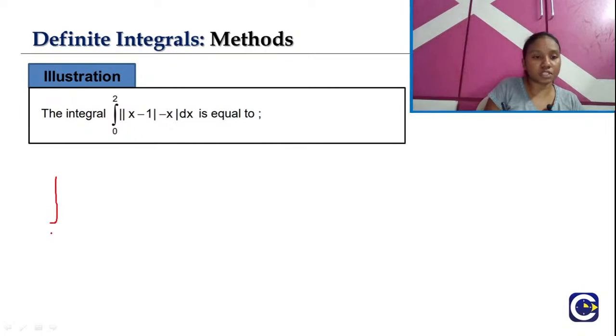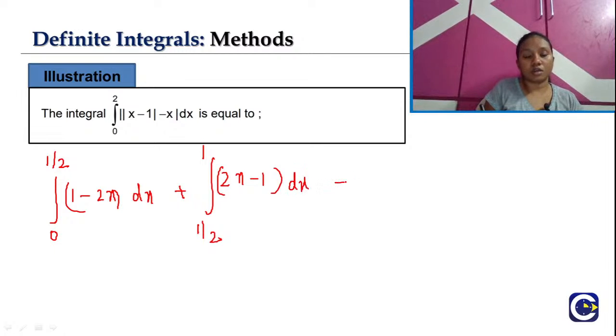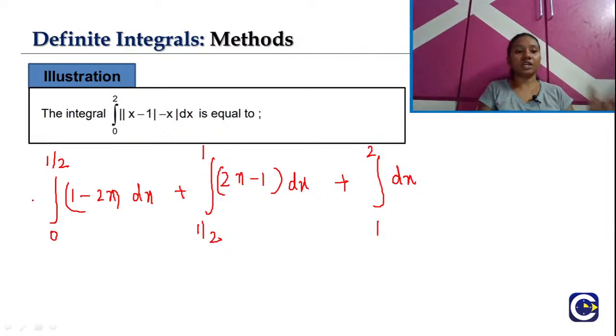They are from 0 to 1 by 2, which is 1 minus 2x dx, and the next will be 1 by 2 to 1, 2x minus 1 dx, plus integration from 1 to 2 dx. So these are our three terms which we have after the splitting of this modulus function here.